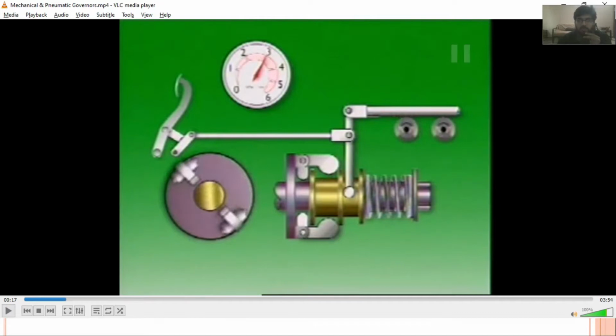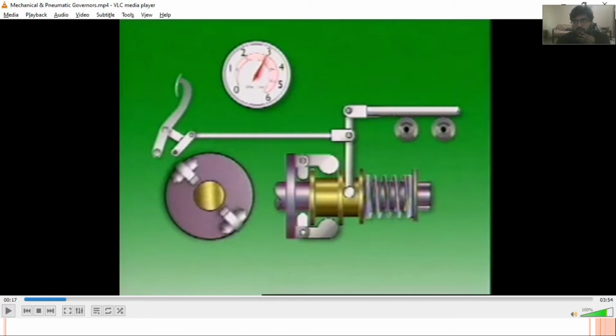Okay, so we have rotating flyweights, or you can say centrifugal weights, and with the rotation of these flyweights, this sleeve would be moving either up or down against this spring force, thus controlling the fuel rack.